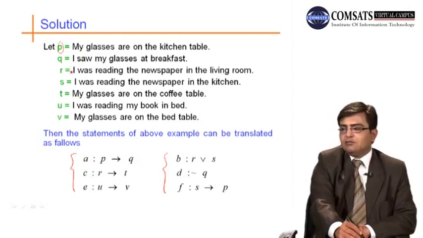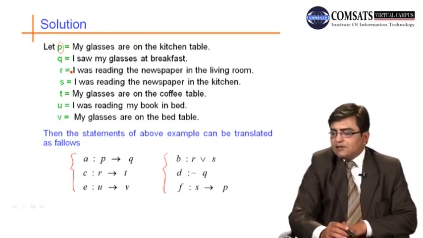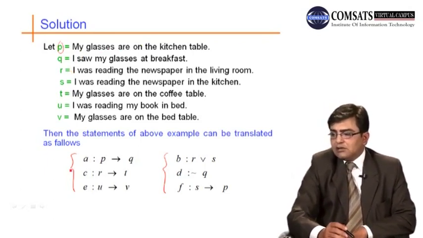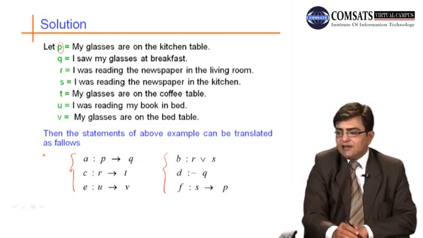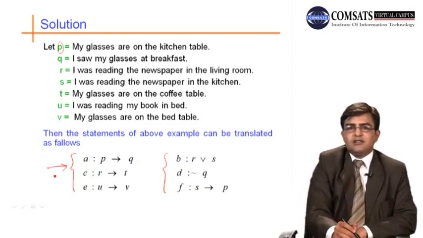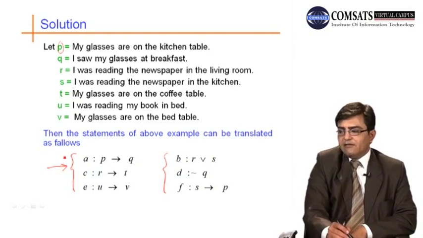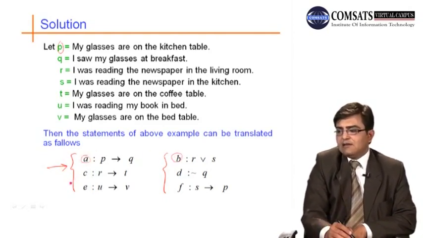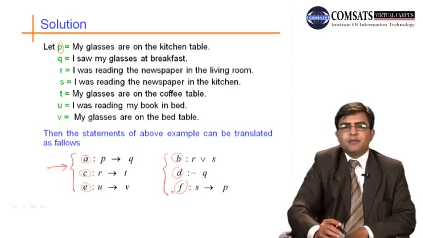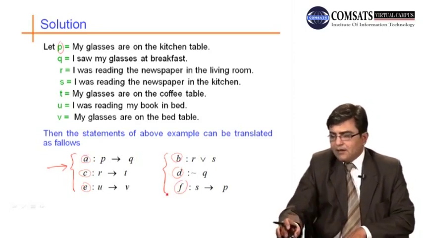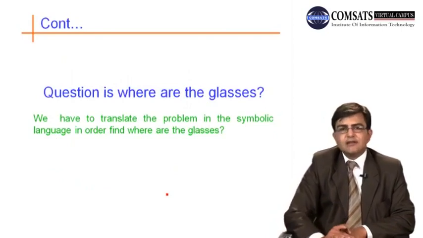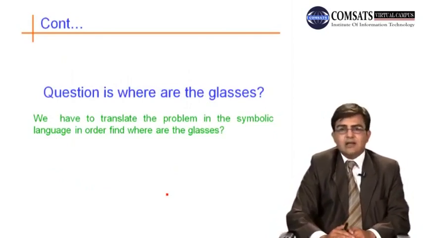So now the previous argument is in symbolic or logical form, where A, B, C, D, E, F are premises. Now what is the question? The question is, where are the glasses? Where did that man forget his glasses?